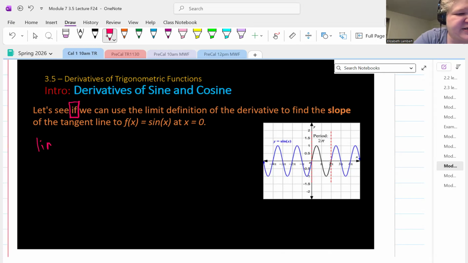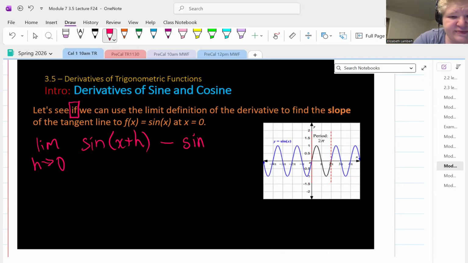So our limit definition of the derivative, the limit as h goes to 0 of the function evaluated at x plus h minus the function evaluated at x. So that's f of x plus h minus f of x, all divided by h.